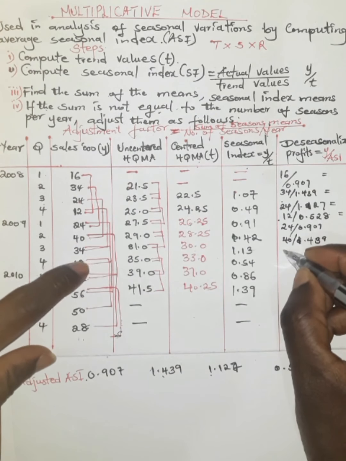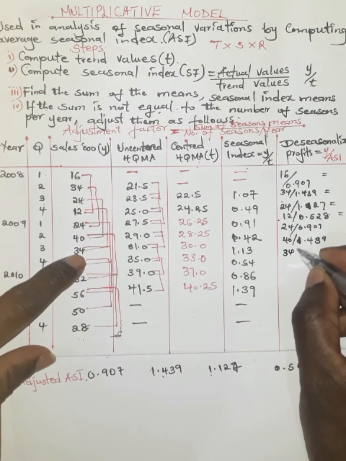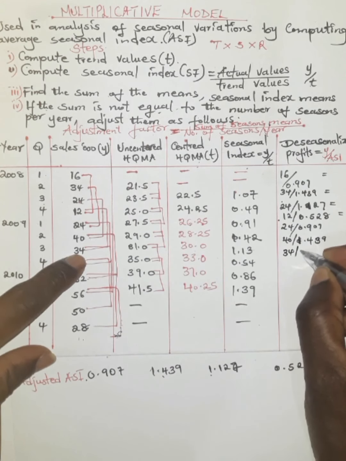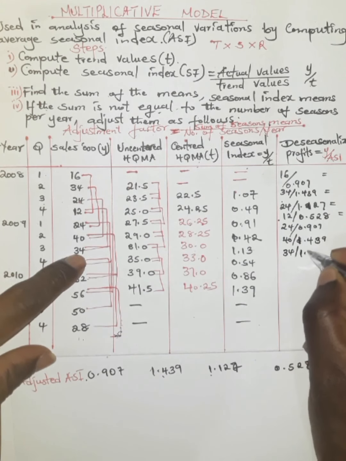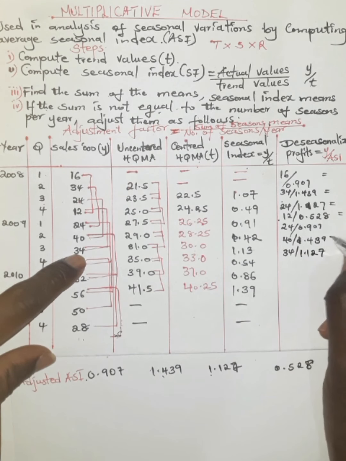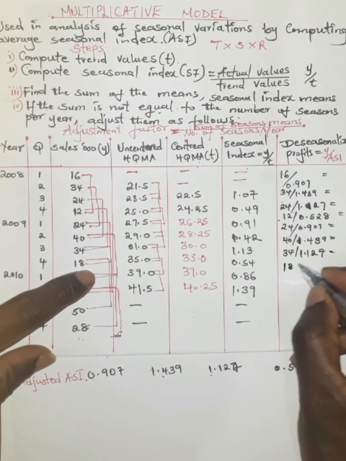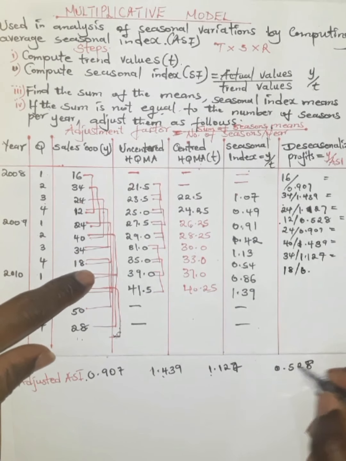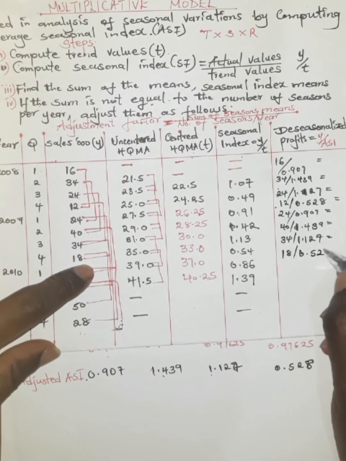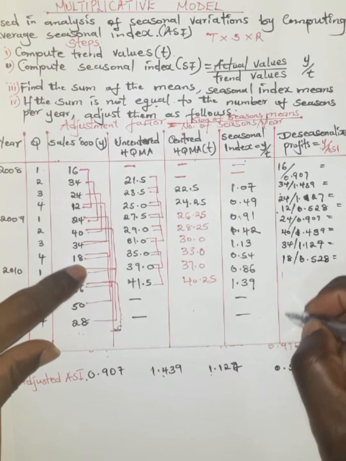We have 34 divided by 1.127. And then lastly we have 18 divided by 0.528. You do the same for the next quarter.